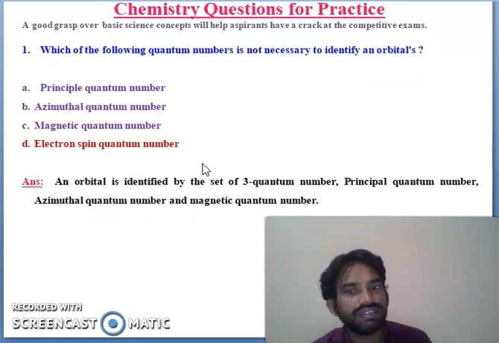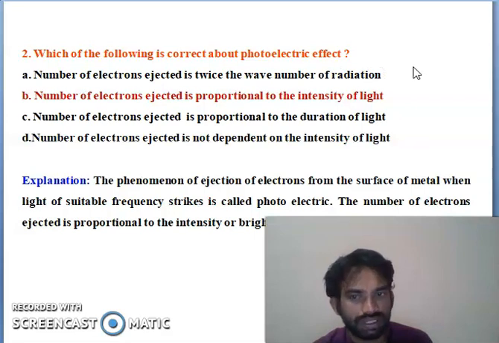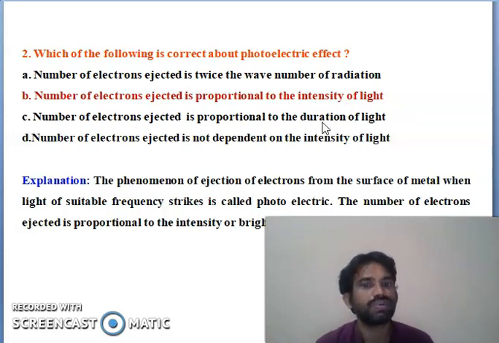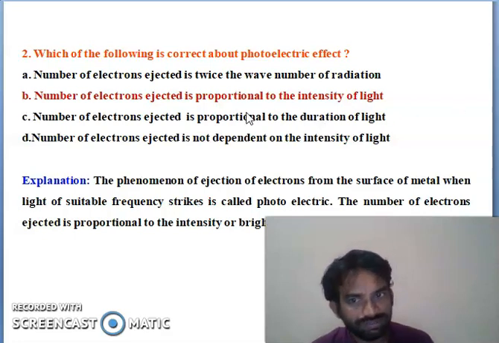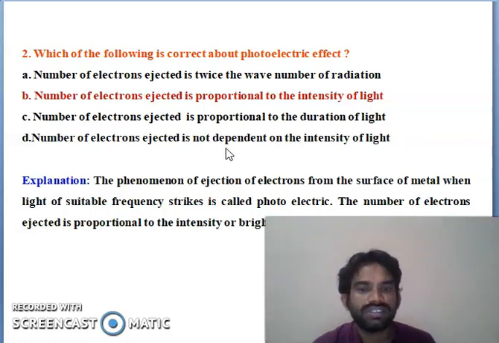And the second question is very important. Which of the following is correct about the photoelectric effect? Number of electrons ejected is twice the wave number of radiation. Number of electrons ejected is proportional to the intensity of light. Number of electrons ejected is proportional to the duration of light. Number of electrons ejected does not depend on the intensity of light.